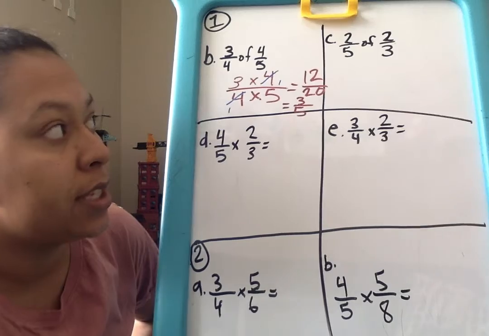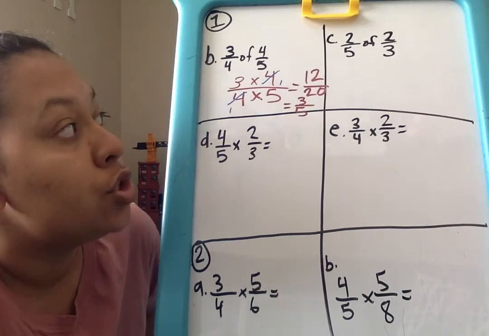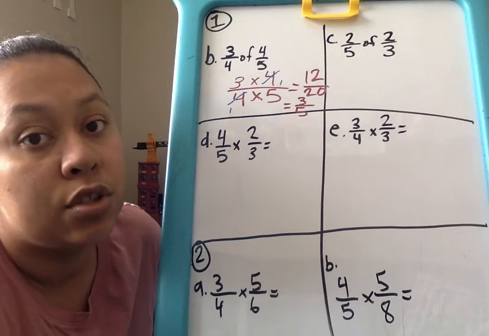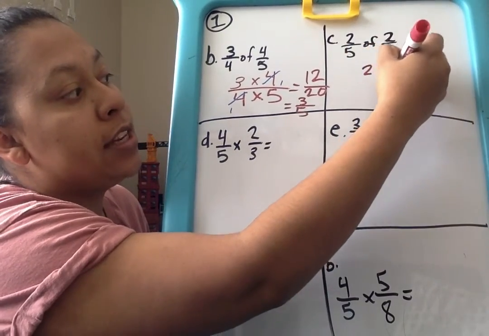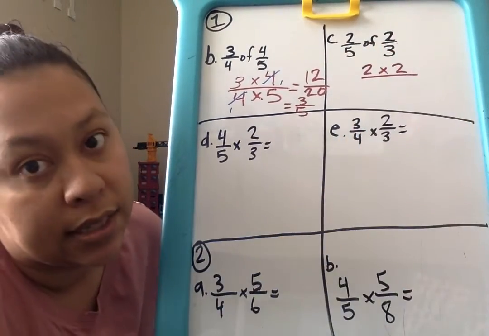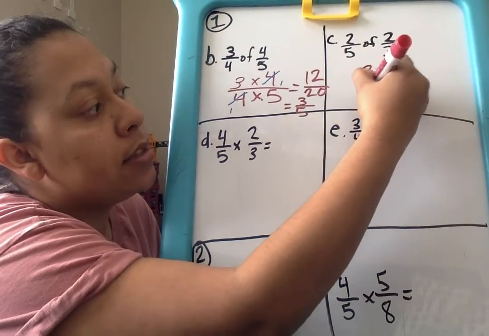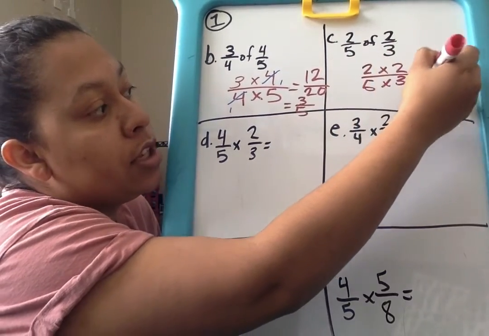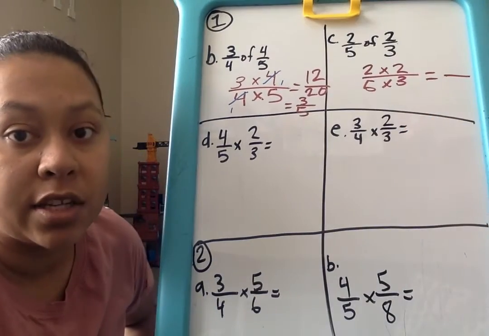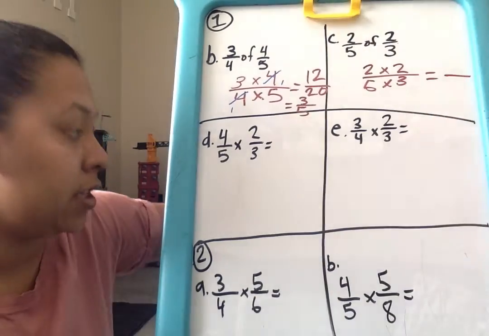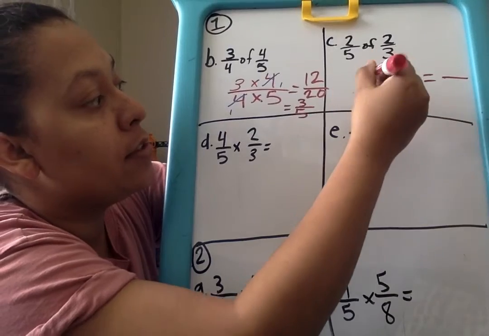So now let's go with C. So C says 2/5 of 2/3. So we would have 2 pieces times 2 pieces, and then fifths times thirds. And then you just multiply and write your new fraction, okay? So I'm going to leave that up to you to finish. Let me rewrite this 5.